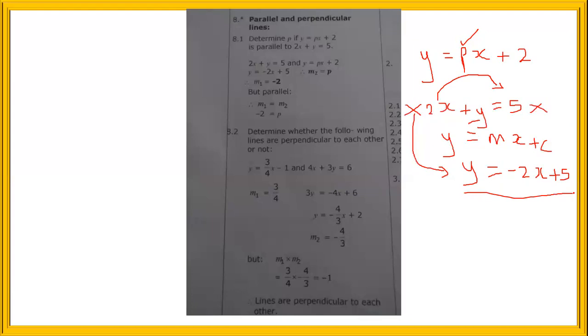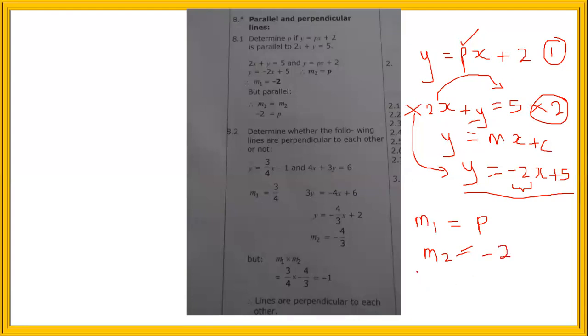Remember I said if two lines are parallel, it means they have equal gradients. So this is line 1 and this is line 2. The gradient of line 1 is equal to p. The gradient of line 2, remember, this is your gradient here, is equal to minus 2.